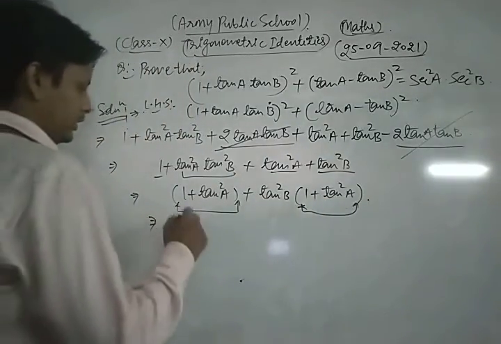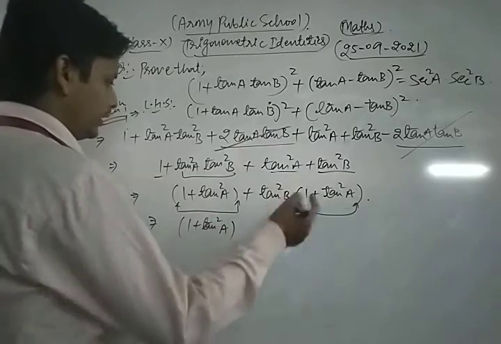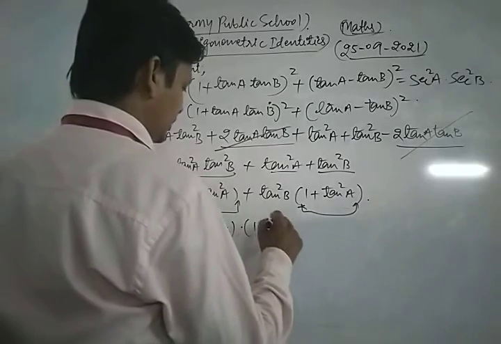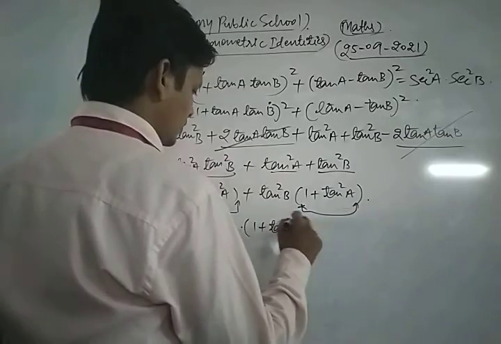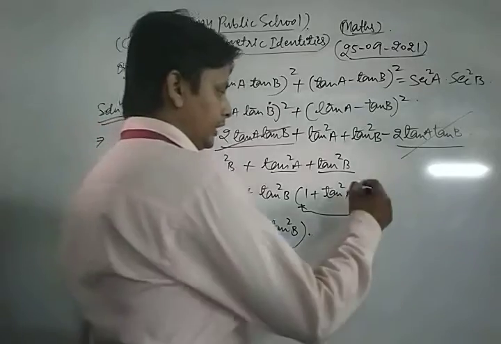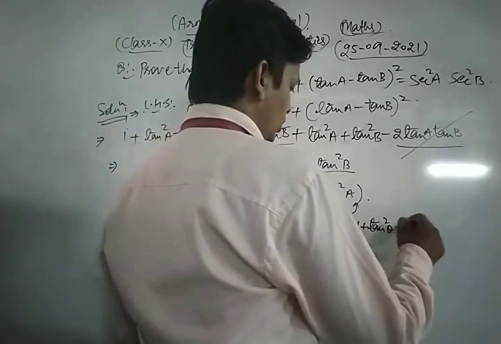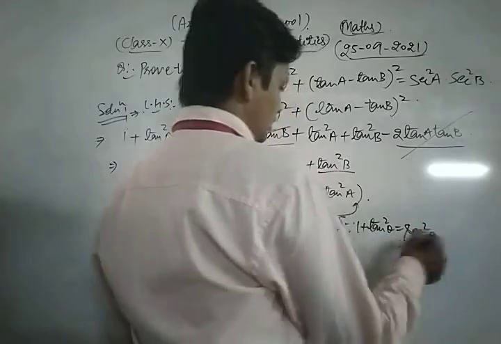So now we write (1 + tan²a)(1 + tan²b). And you know, dear friends, that 1 + tan²θ is equal to sec²θ.